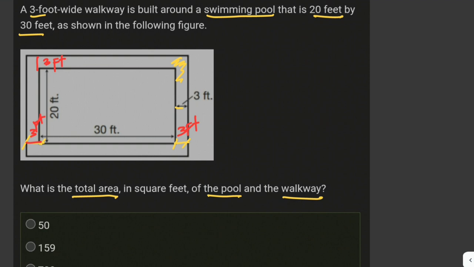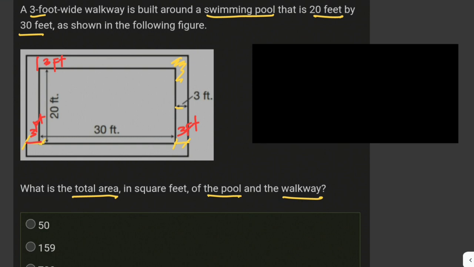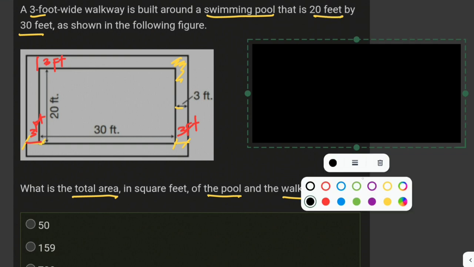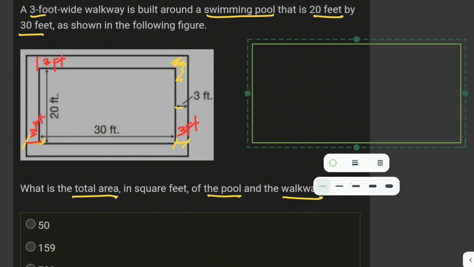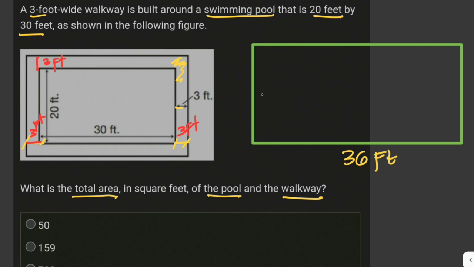So that means the dimensions of the rectangle which the pool and the walkway form, if we put them together, would be 36 feet, and this one would be 26 feet, because this is also 3 feet here.